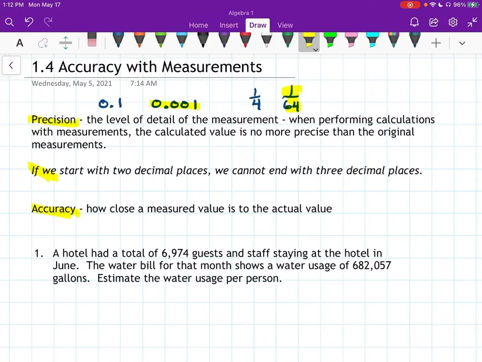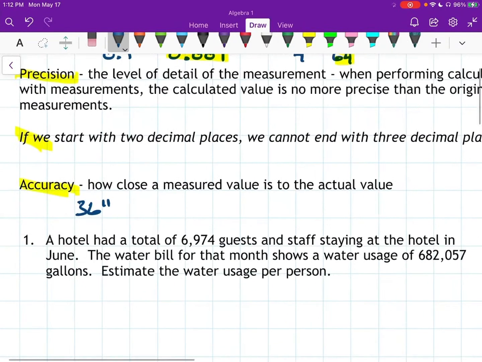Another way to think about this would be, how about I buy a whiteboard from a company and they list it as 36 inches and they know 100% certain that it is 36 inches wide, right? And then I take my tape measure and I measure it, and my tape measure says that it's 36 and a 16th inches.